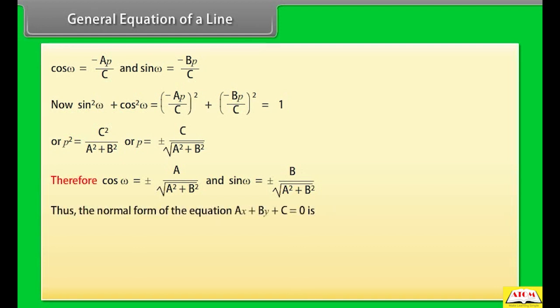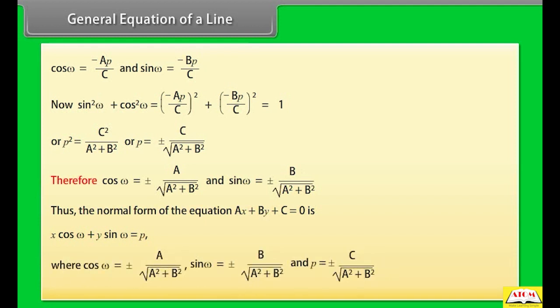Thus, the normal form of the equation ax plus by plus c is equal to 0 is x cos omega plus y sin omega is equal to p, where cos omega is equal to plus minus a by square root of a square plus b square, sin omega is equal to plus minus b by square root of a square plus b square, and p is equal to plus minus c by square root of a square plus b square.